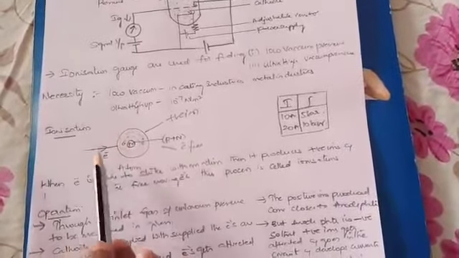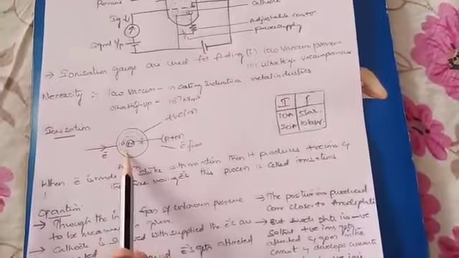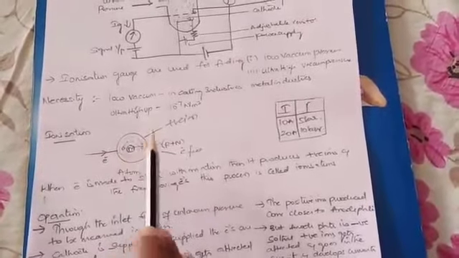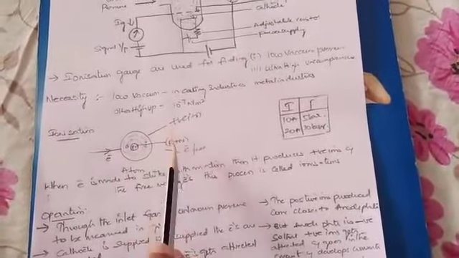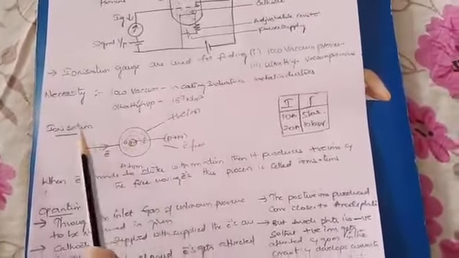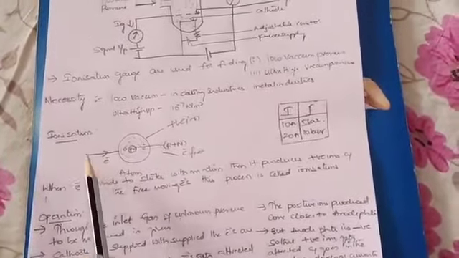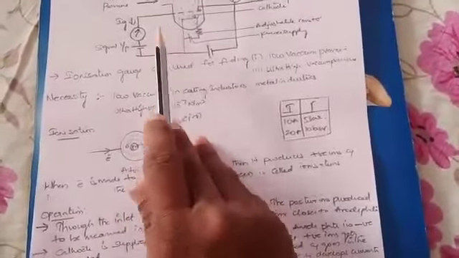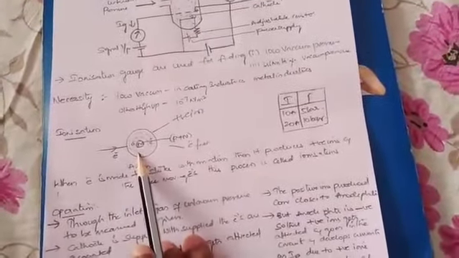So whenever an electron is bombarded on this atom, if it is capable of generating a positive ion as well as a free electron, then that process is called ionization. We will see this clearly in the explanation of the ionization process.